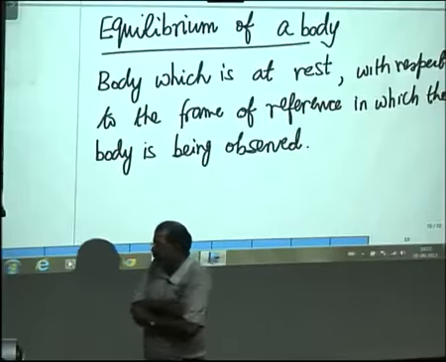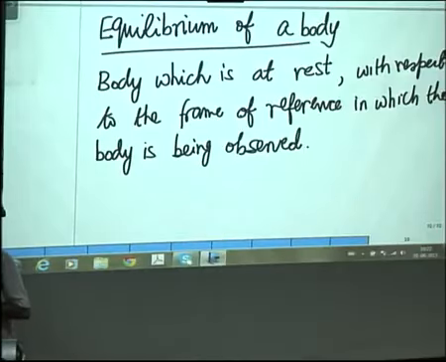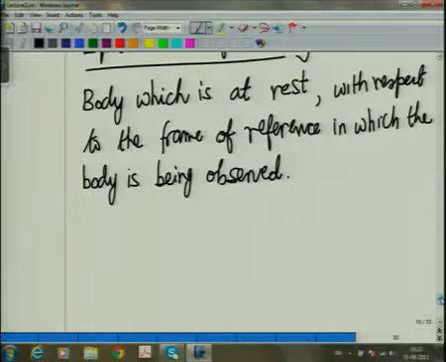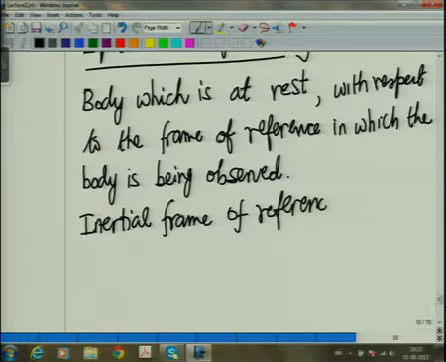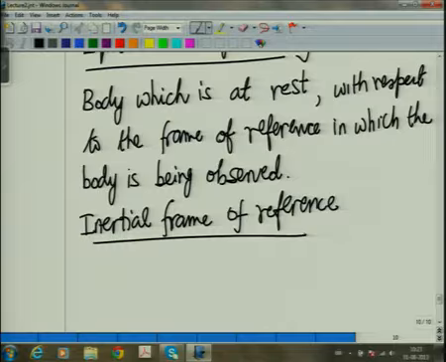Okay. So when we talk of equilibrium, we will talk of equilibrium with respect to what we call an inertial frame of reference. What do we mean by an inertial frame? Does a frame like this actually exist or not?